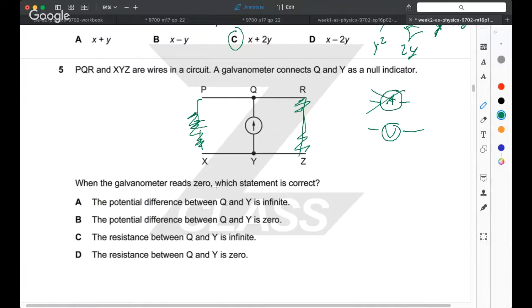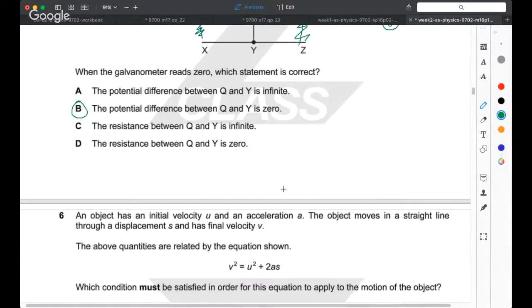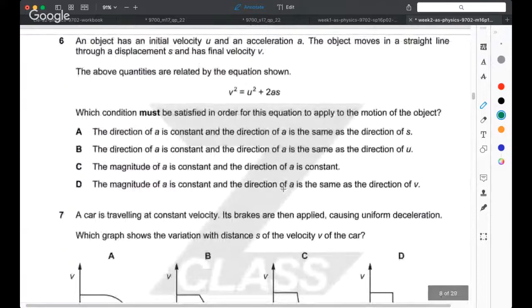So not an ammeter. You have to measure potential difference. Now it says that it's 0. So if it's 0, what does it mean? The potential difference is 0 as well. Exactly, yeah. There is no such thing as a potential difference of infinite, but not in that way.